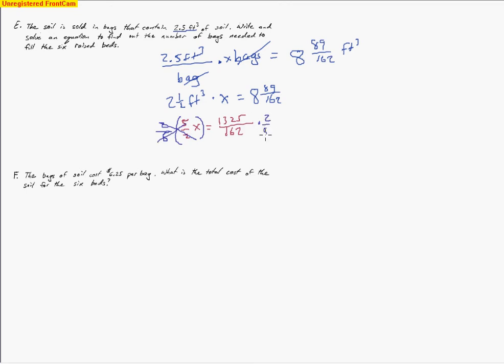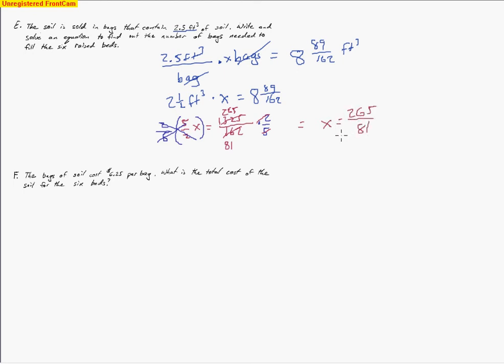2 over 5, and you can reduce. So you see how 5 goes into this 1325. Let's see how many times. We get 265. It goes in there. And then 2 goes into 162 81 times. So we get our number. So x equals 265 over 81.